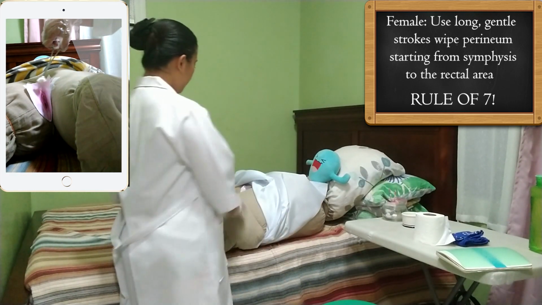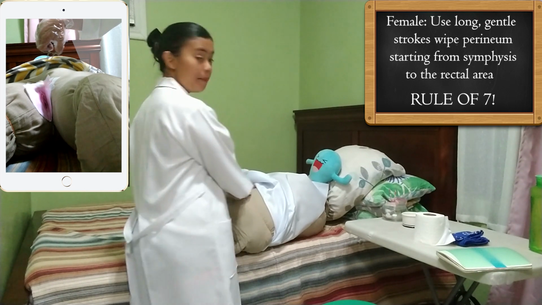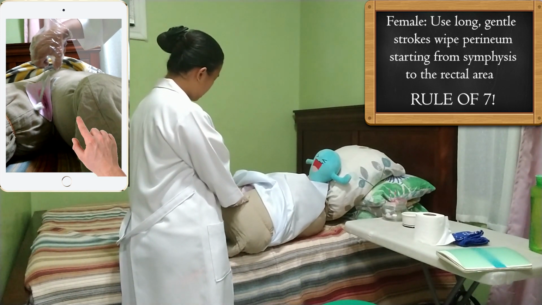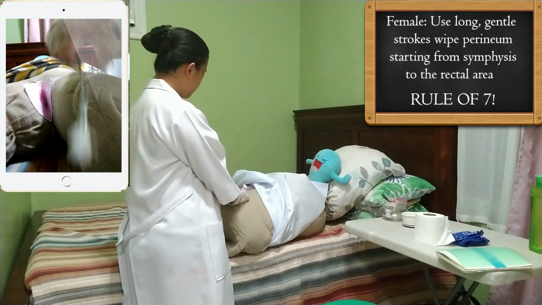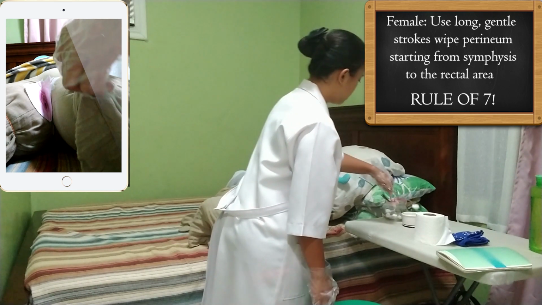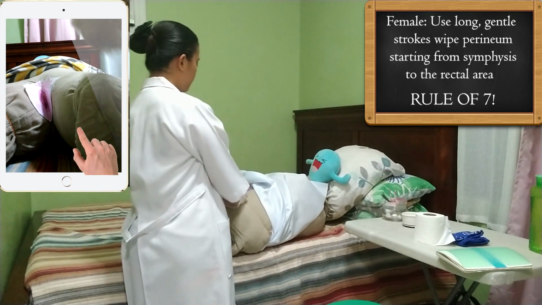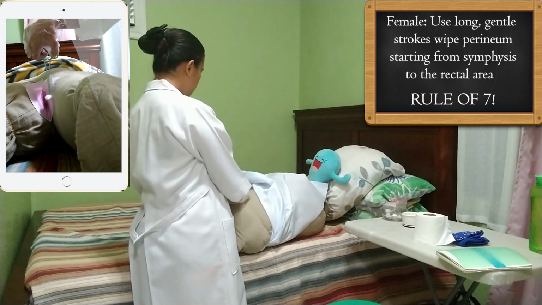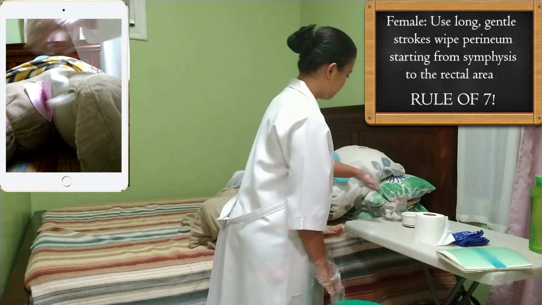Next is wipe the labia majora that's far from you, top to bottom, like you're drawing number 7. And then wipe the labia majora that's near to you from the mons pubis all the way down, discard.